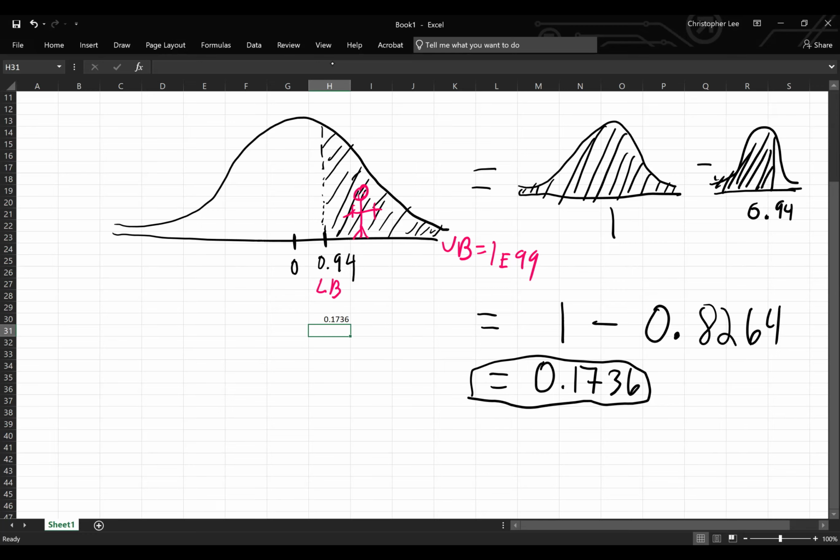Your lower bound is 0.94, comma, your upper bound is 1, and then you press second EE, 99. Right? And then your mean is 0, comma, your standard deviation is 1. Then you get that.